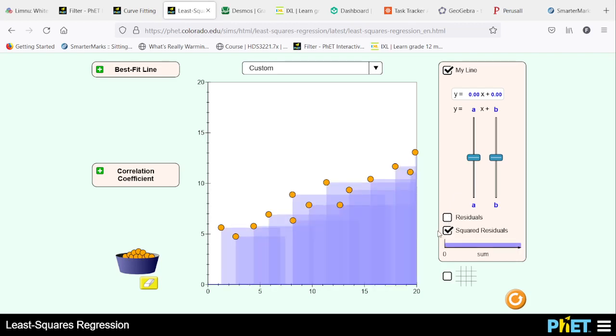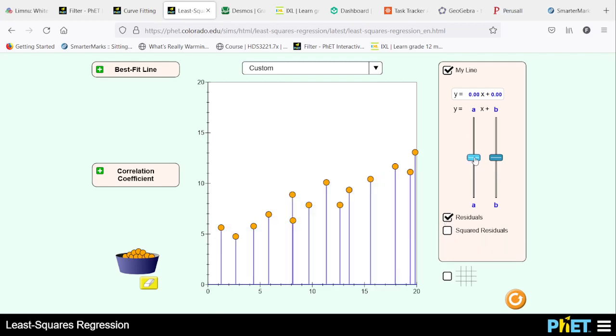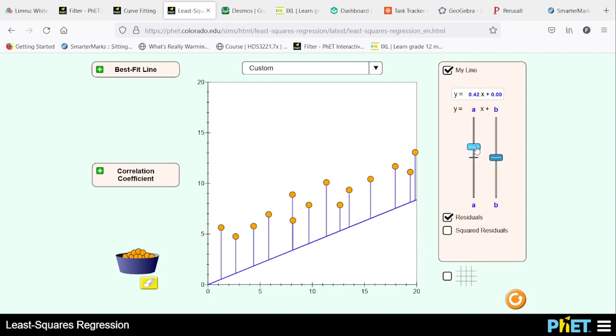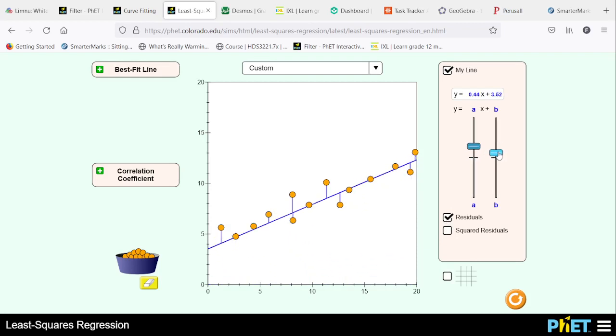So if we see the squared residuals, we have a line right now where our slope and intercept are both 0. With these residuals, that's how far these points are from the line. So let's say we put it around here. That seems to be a decent fit. We still have some of these lines or residuals.